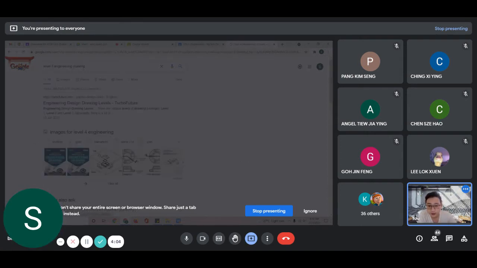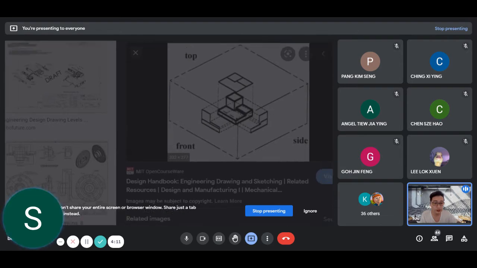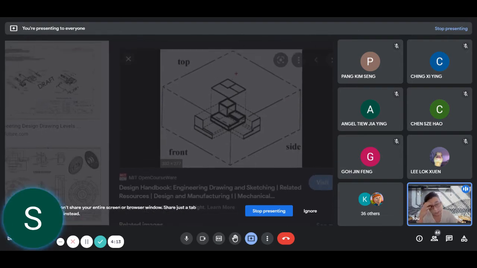This will be a good example. Okay, if you can see it over here, when it comes to drawing, you can have top, front, or side. The top can also be named a plan view, or elevation view.